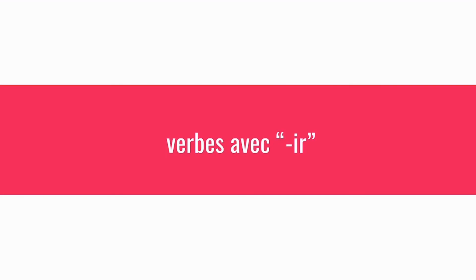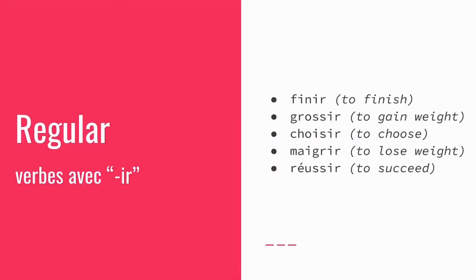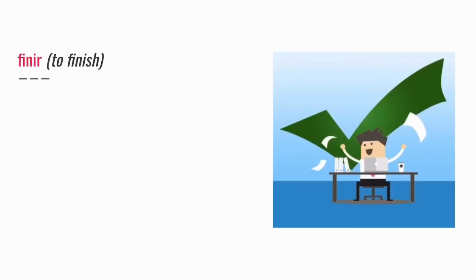So let's go to the last of our verbs, IR verbs. And here is the list of regular IR verbs. We have finir, grossir, choisir, maigrir, and réussir. For finir, when conjugating with je, we replace the R with an S, and the same goes for tu. But for il, elle, on, there's a T instead of an S, so it's similar to the regular RE verbs.